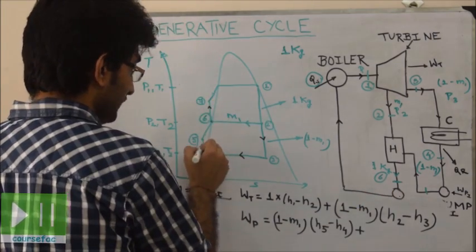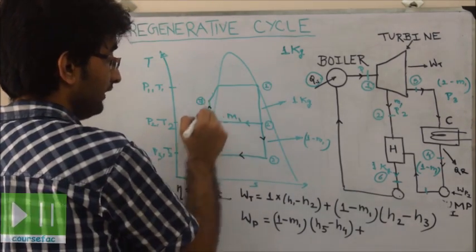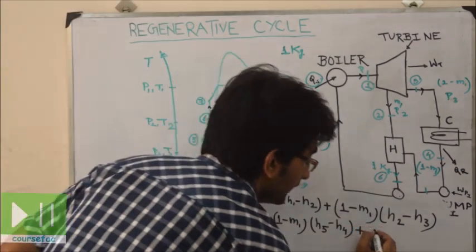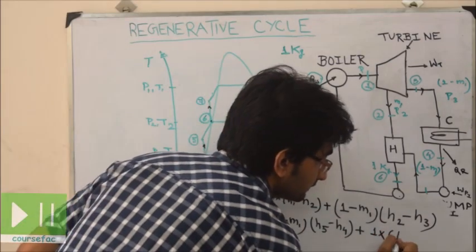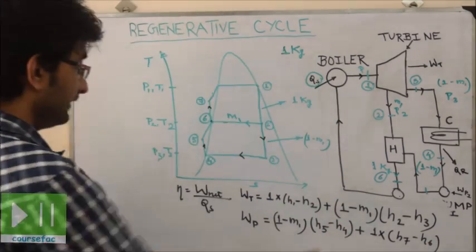Here 1 minus m1 moves like this, and m1 is moving like this, so we are left with 1 kg of steam from point 6 to 7. So we have plus 1 into H7 minus H6. This is the work done by pump.